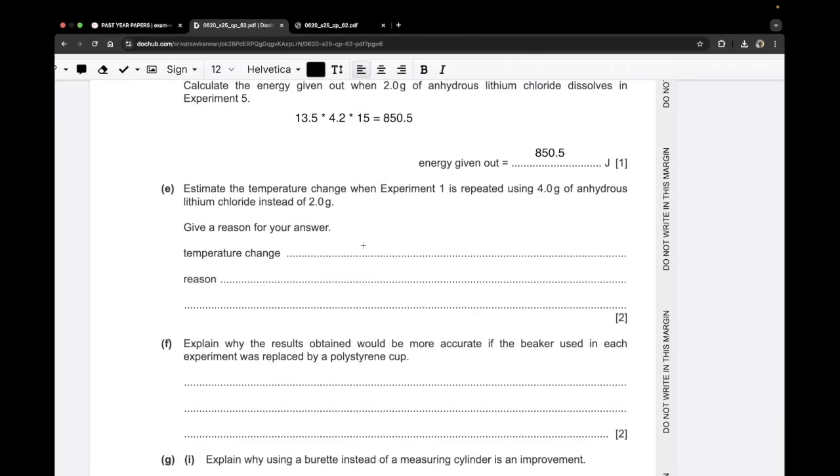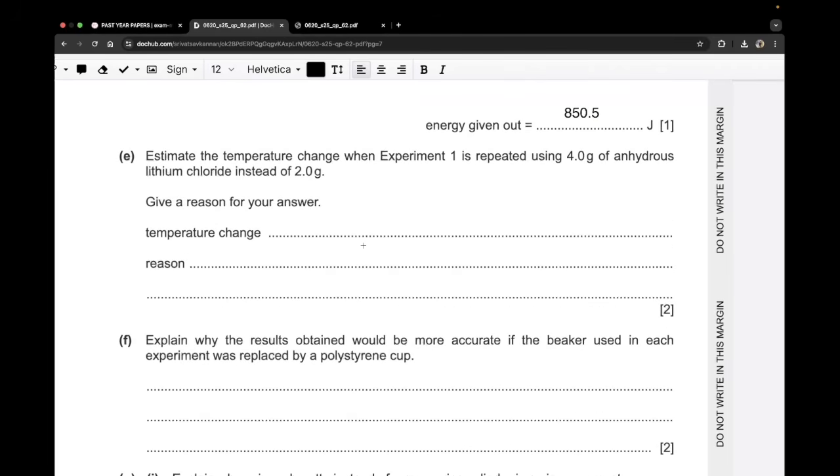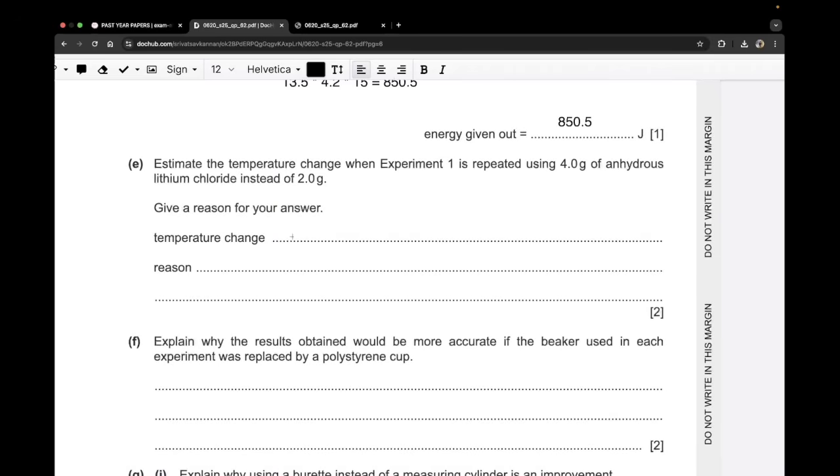Now they want you to estimate the temperature change if experiment 1 is repeated using 4 grams of anhydrous lithium chloride instead of 2.0 grams. Experiment 1, right now, the temperature change is 4.5, right?